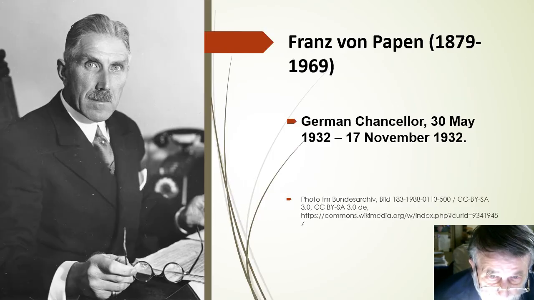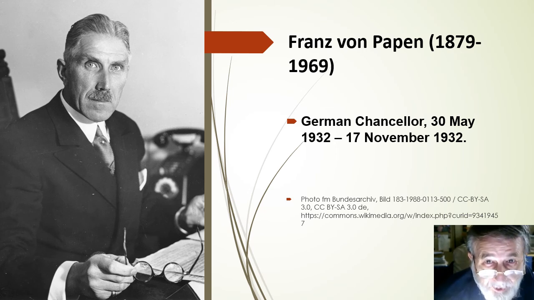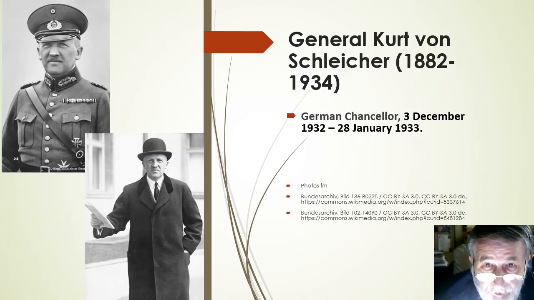These are the two men who briefly served as chancellors right at the end and collapse of the Weimar Republic. So Franz von Papen, who was briefly chancellor in 1932 for several months, and then the army's political mouthpiece, if you like, and an accomplished political schemer, General Kurt von Schleicher, who was very briefly chancellor in December 32, January 33.